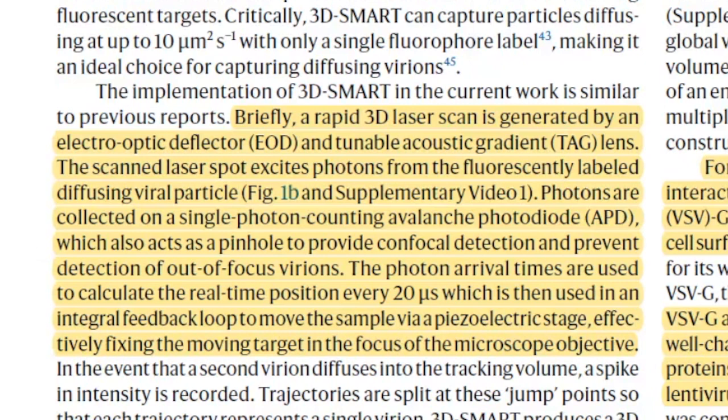And that last part about the confocal detection in the pinhole allows it to have essentially depth of field, so it's not confused about the distance away from the sensor as much and can follow the particle over time. And then the photon arrival times are used to calculate the real-time position. Now that's a key sentence because they're used to calculate the real-time position.